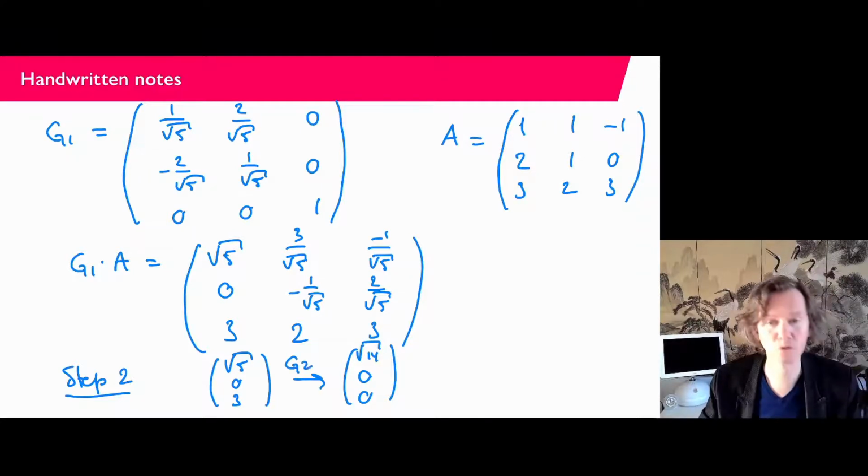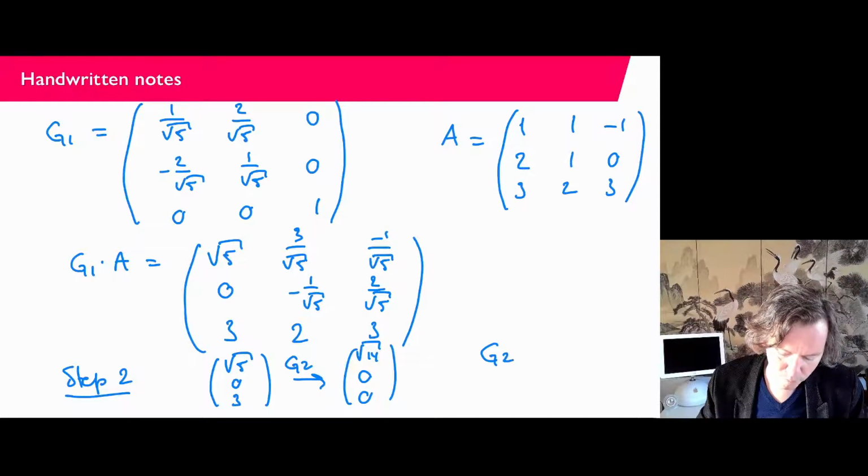G2 is an orthogonal transformation, it preserves length in the 2-norm, so these two vectors should have the same length. Now, G2 doesn't change the second entry, so it is a rotation in the 1, 3 plane. So the second row becomes 0, 1, 0, and here we get minus S, 0, and C.